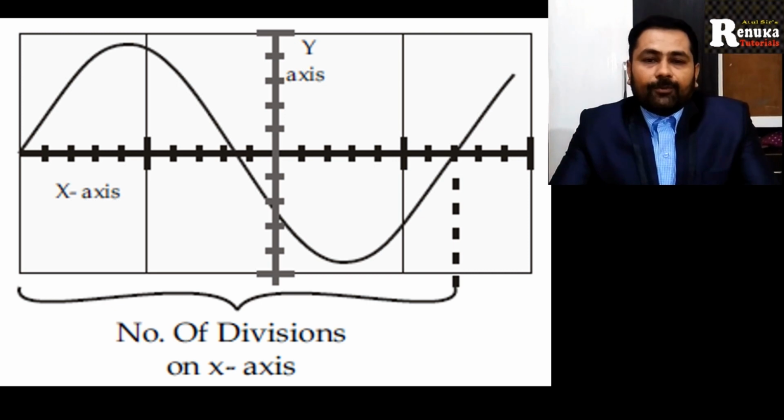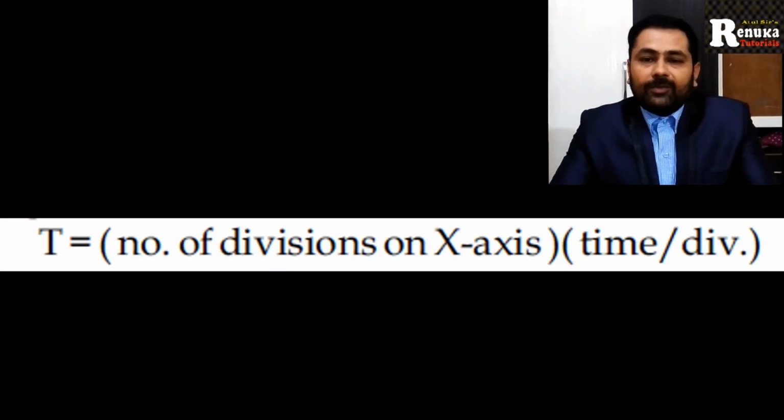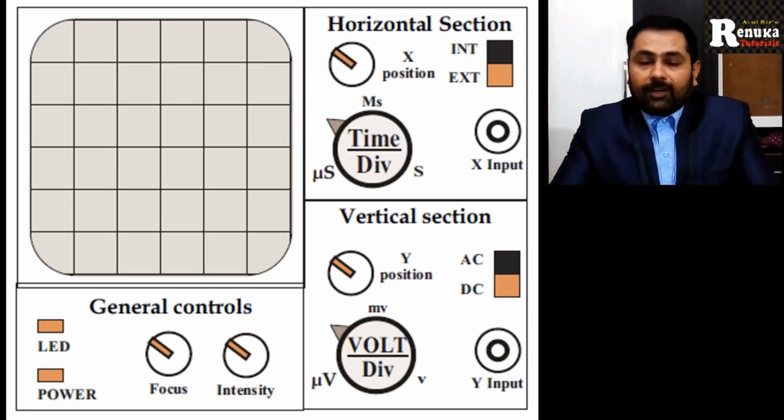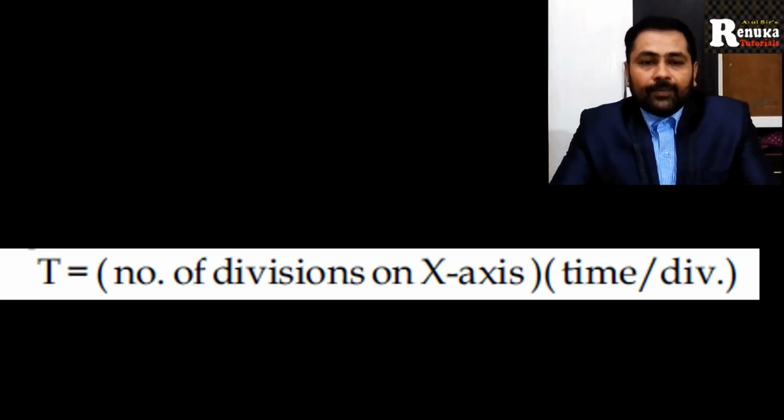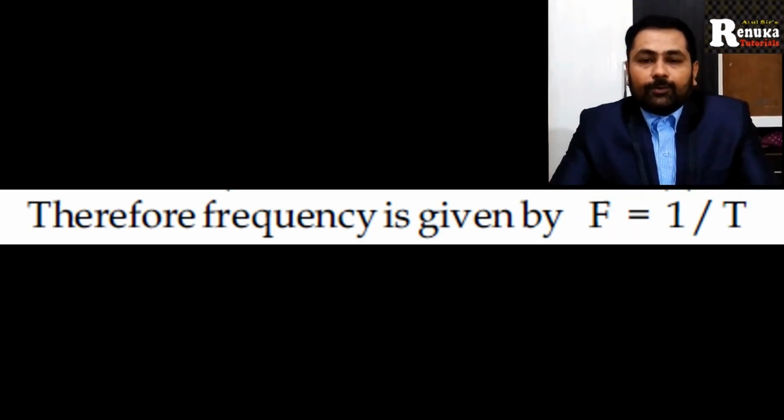For completion of one whole cycle, the number of divisions is taken and multiplied by the time per division. For time measurement, we use the time per division knob, present on the CRO's front panel. By multiplying these two factors, we can calculate the time for completion of one cycle. If you take the inverse of it, we can calculate the frequency. So this was the direct method.